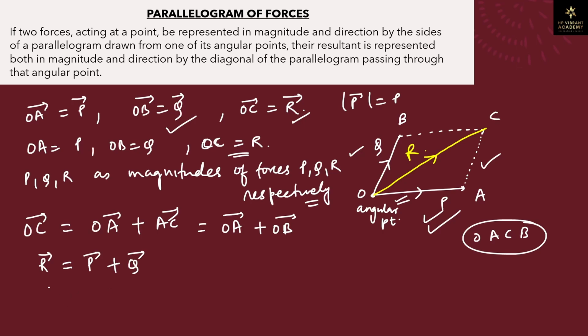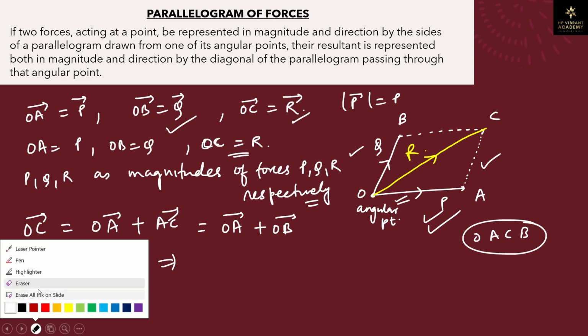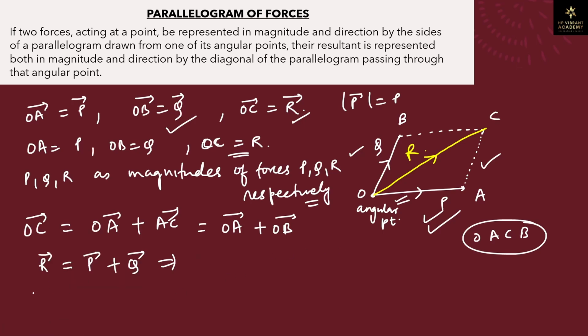Now let us take the magnitude, or else we can take the dot product. Let us take the dot product. R vector dot R vector is equal to P vector plus Q vector dot P vector plus Q vector.